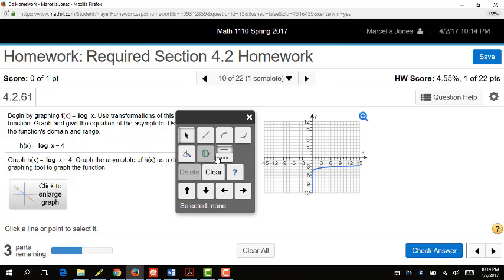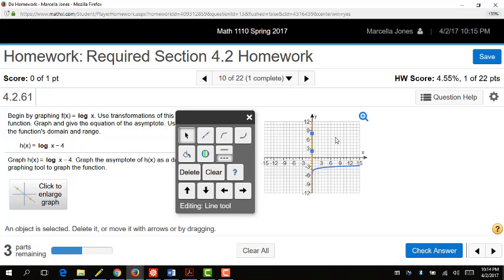Now we are also being asked to graph the asymptote, which is, we pick the line tool and we're going to dash, and so we plot 2 points on the y-axis. The y-axis is our asymptote for this type of logarithmic equation.